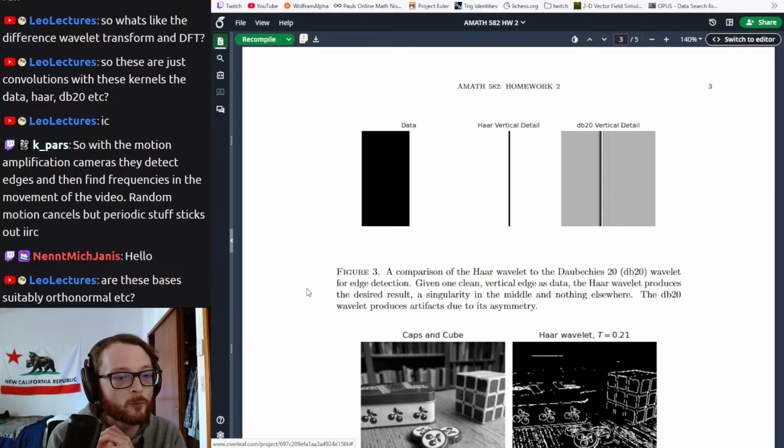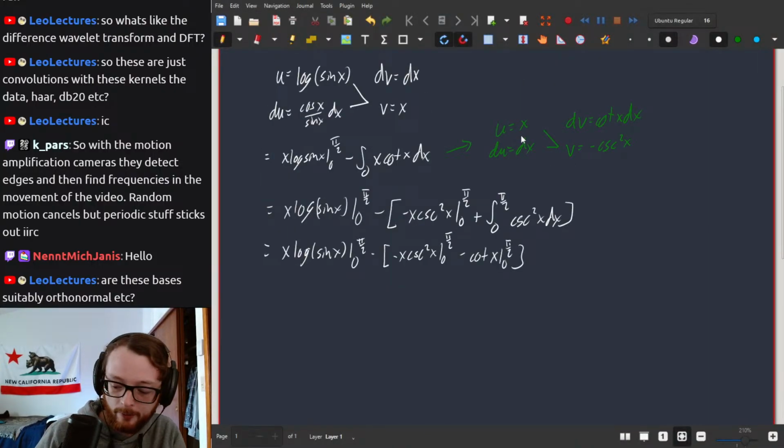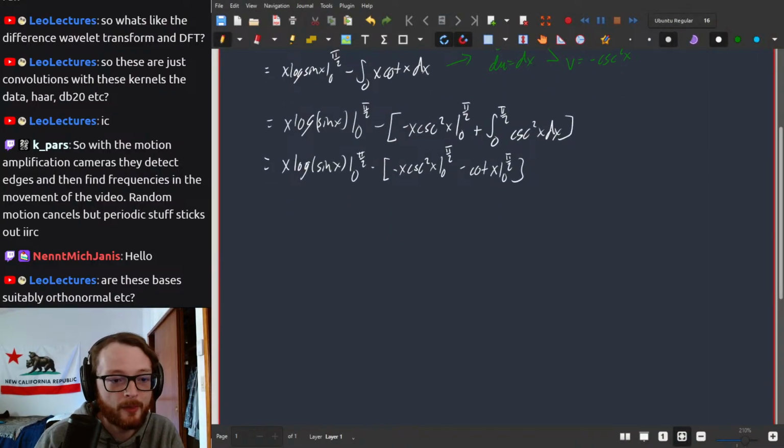Suitably orthonormal. Yeah, people get fancy with it, and there are some wavelets that aren't exactly orthonormal but still work somehow. The easiest one to work with, because it's the simplest, is the Haar wavelet. I've looked for information on them, and I cannot find a simple explanation, but the Haar wavelet is basically just a digital sine.